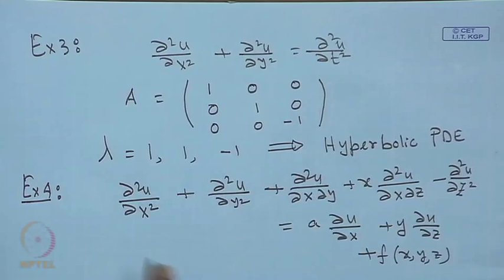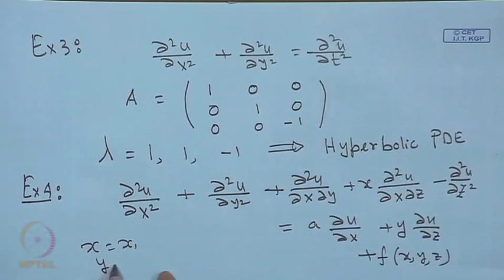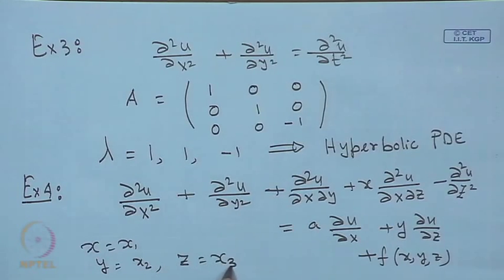Now, let us identify x as x 1, y as x 2 and z as x 3, and recast this equation in the form of second order derivatives on one side and the other derivatives on the other side.